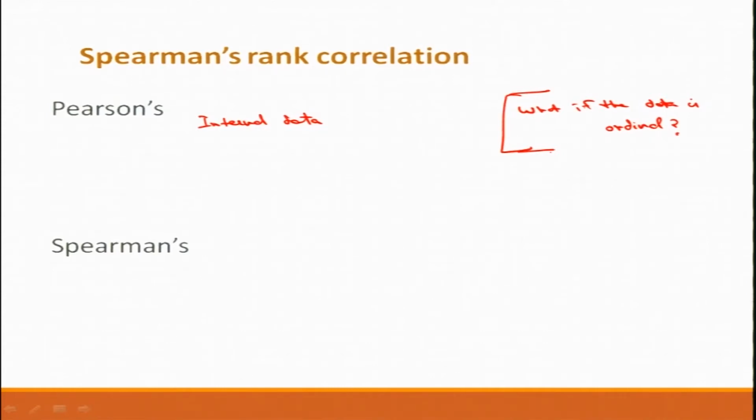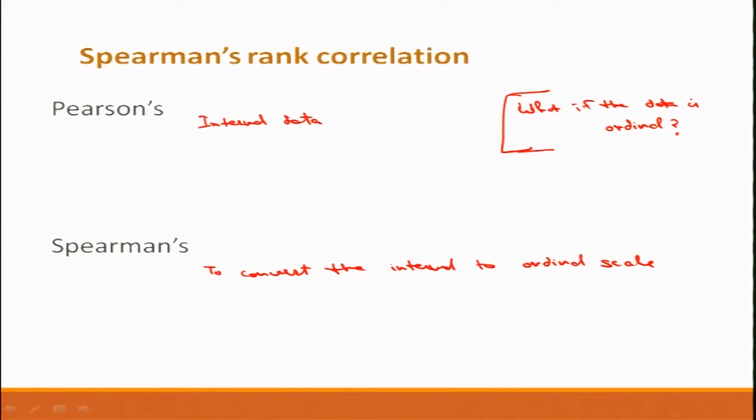In that case, we can compare the orders, or we can take the help of Spearman's rank coefficient. It is used to convert the interval to ordinal scale.